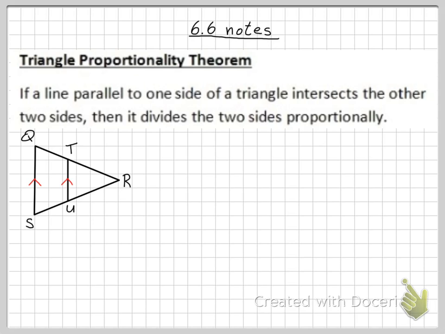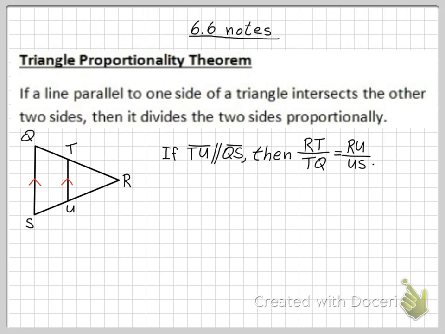In other words, you can have line segment TU be here, or here, or here, or here, or here. As long as, this one right here, I kind of did it roughly. It doesn't look parallel, so that one would probably be the exception. But it has to be parallel, and if it's parallel to that third side, then it cuts proportionally.